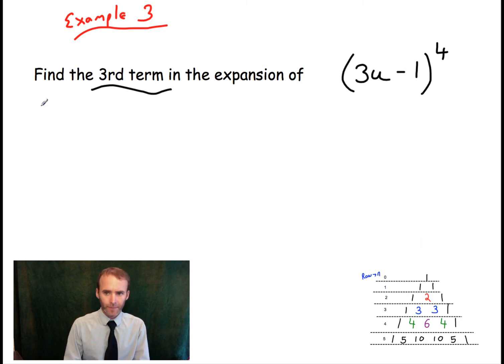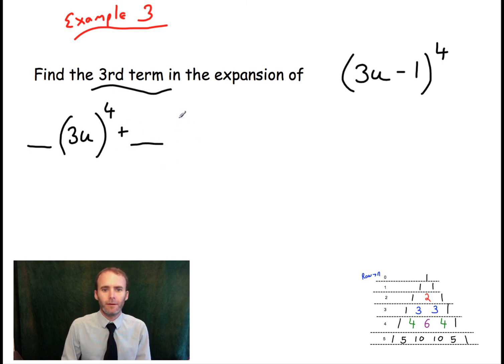So let's put Pascal's triangle down here for right now, and let's start expanding this. So we have 3u minus 1 to the 4th. If you notice right here, 3u, it's not just a single variable. We have this 3 here, so that's going to add a little bit of a trick. So let's try this. We have first our blank, then I'm going to put in parentheses 3u, and it's raised to the 4th power. Now I have plus a blank, and I have 3u to the 3rd power.